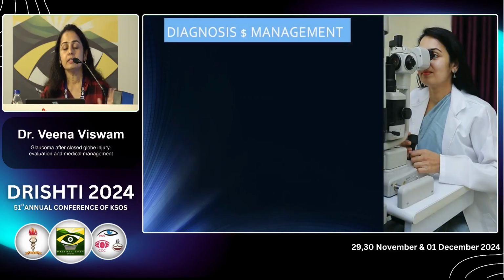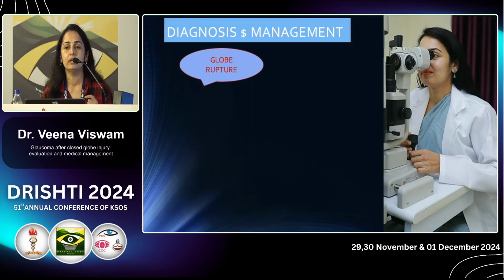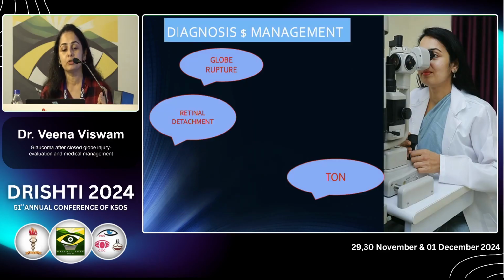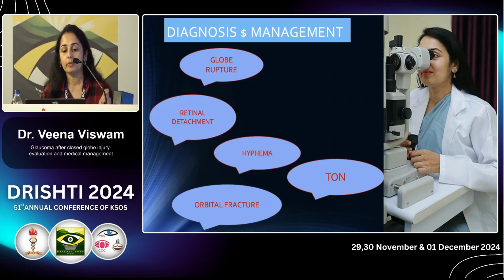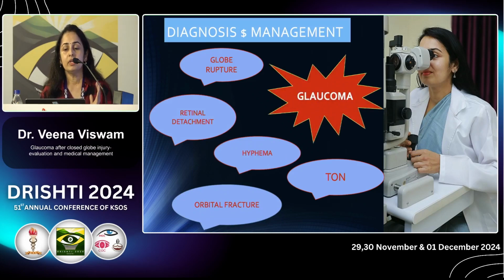As a consultant, what should come to our mind when we see such a patient? First, emergencies like globe rupture, traumatic optic neuropathy, retinal detachment and orbital fractures should be ruled out. And then we should always keep in mind the chance of developing glaucoma in these patients as well.